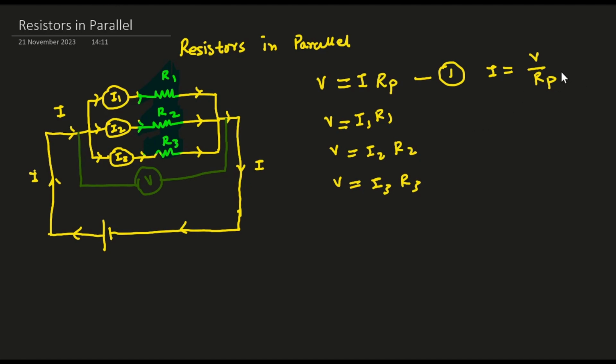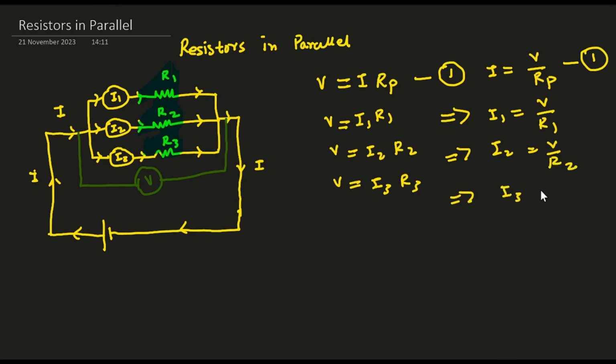Then I1 will be equal to V divided by R1, I2 is equal to V divided by R2, and I3 is equal to V divided by R3. So this is our equation set 2A, 2B, and 2C.